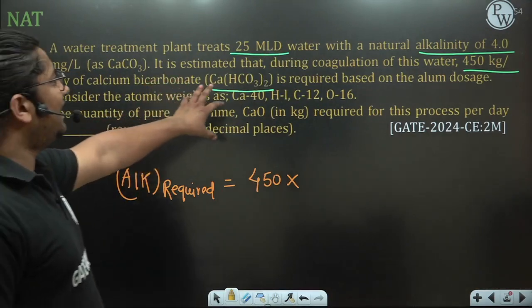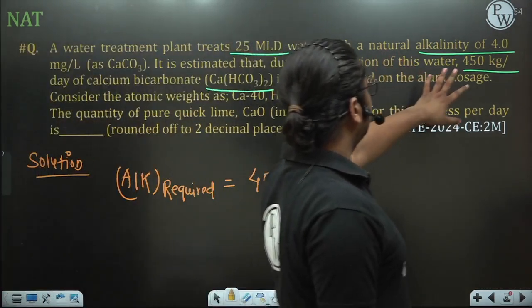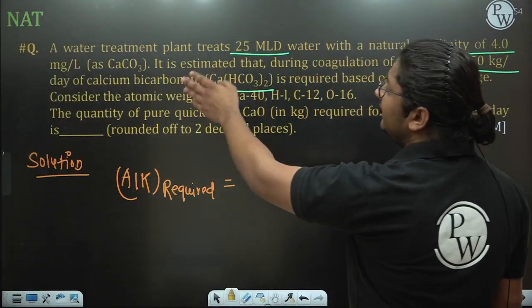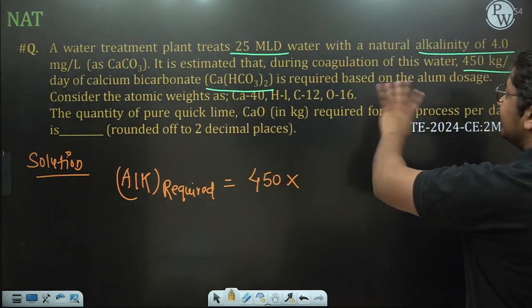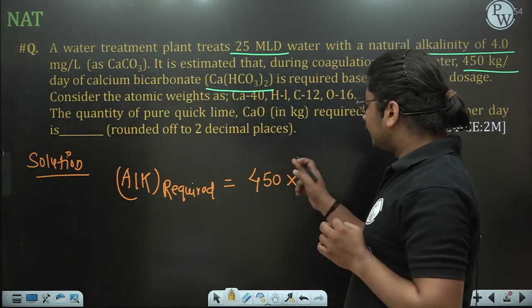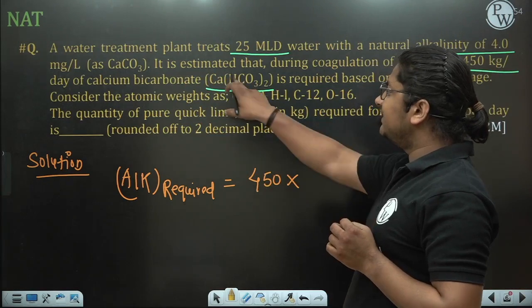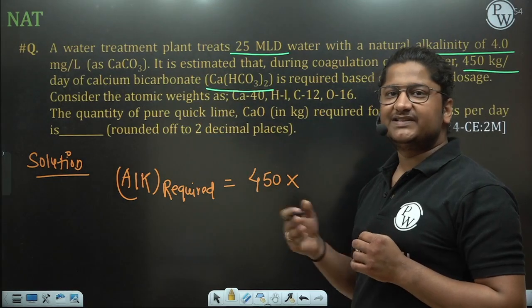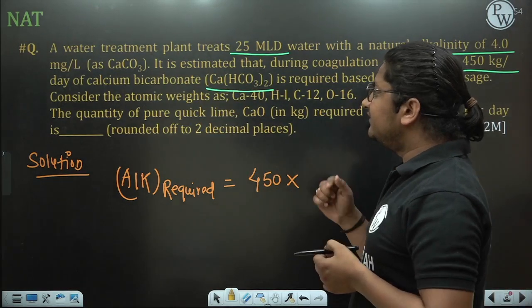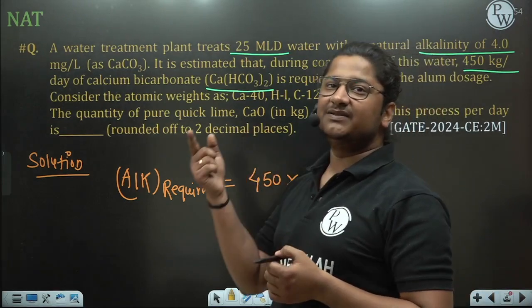So 450, this value is in calcium bicarbonate, with respect to calcium bicarbonate. You have to change it, make it with respect to calcium carbonate.